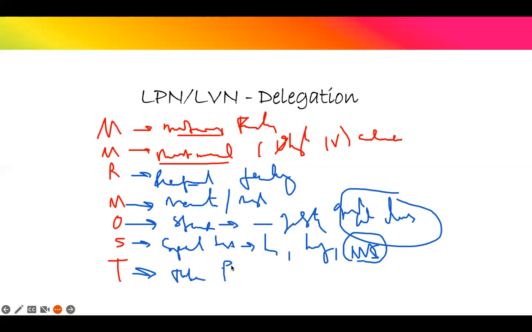So you see how easy it is? LPN, LVN, they do MMR most. Monitoring RN findings, most medication except advanced medication, IV medication, they can reinforce teaching. And you come back to the M again, you say MMR most, which is monitoring and most medication.